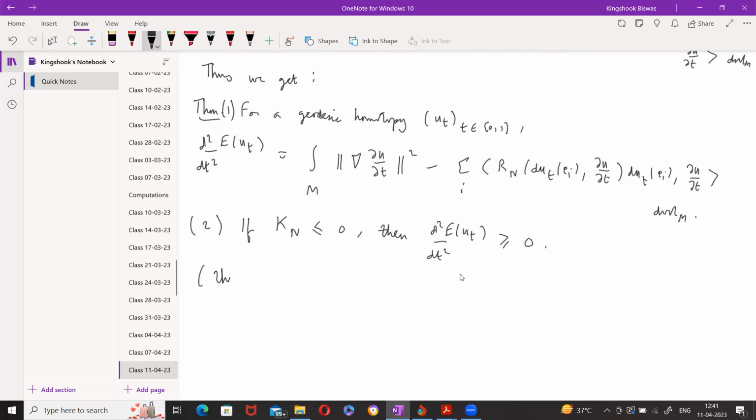So thus, energy is convex along geodesic homotopies. Is this clear? This is true if the sectional curvature is non-positive. All right. Yes, sir. Okay.